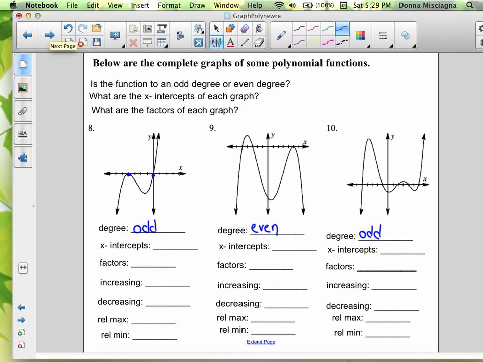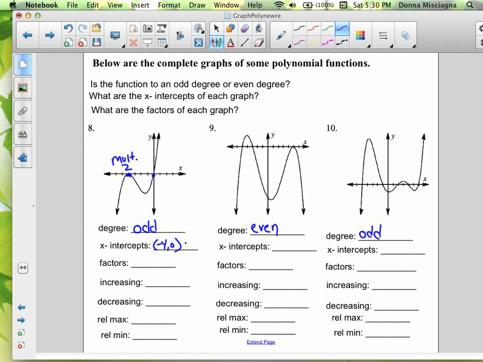So that does not count for 1 x-intercept. It counts for 2. This is multiplicity 2. That counts 2 x-intercepts. So we have 2 x-intercepts at negative 4, 0.